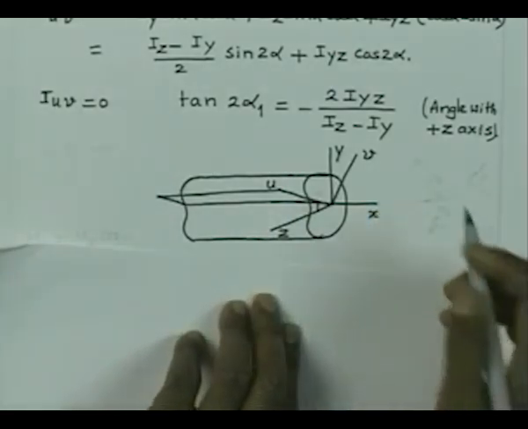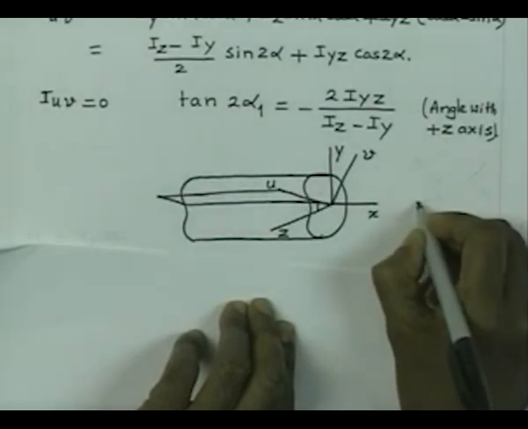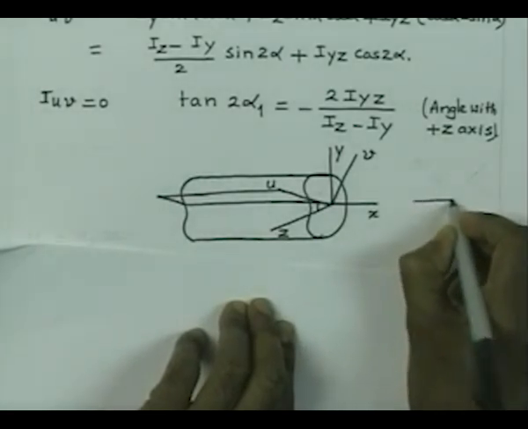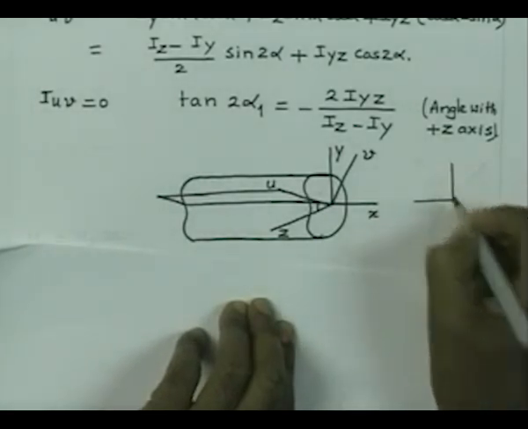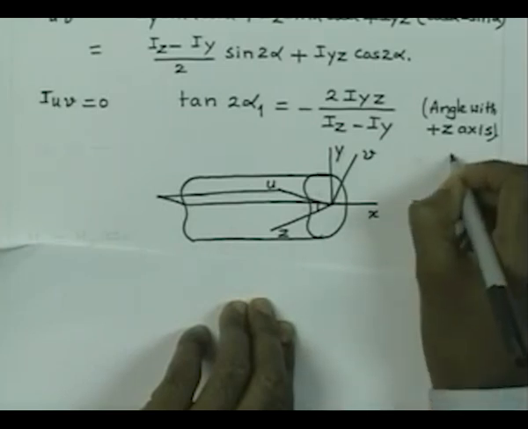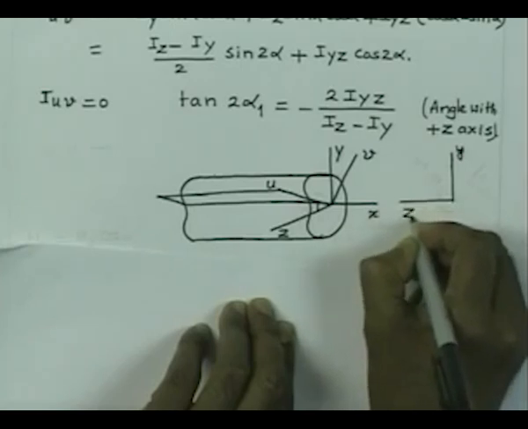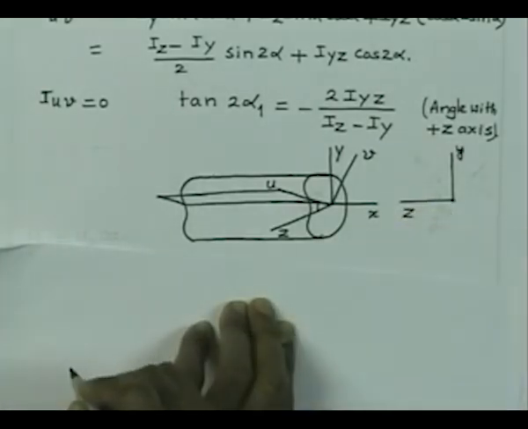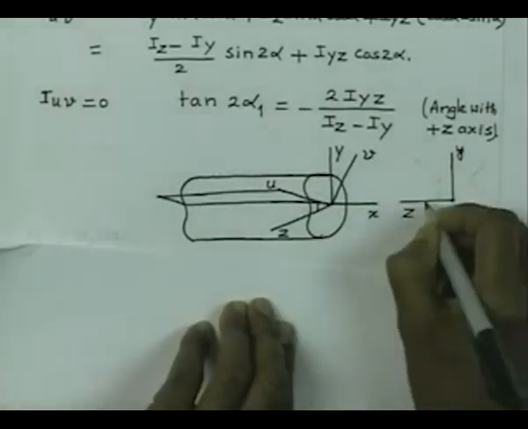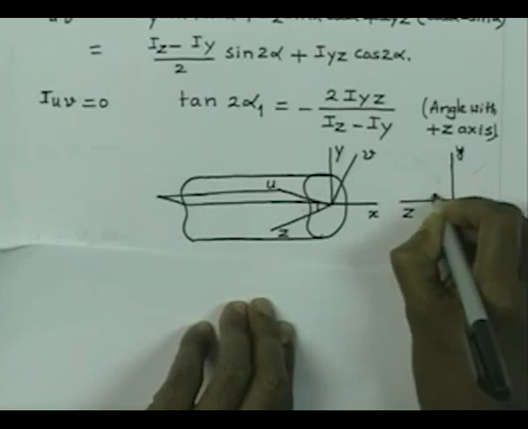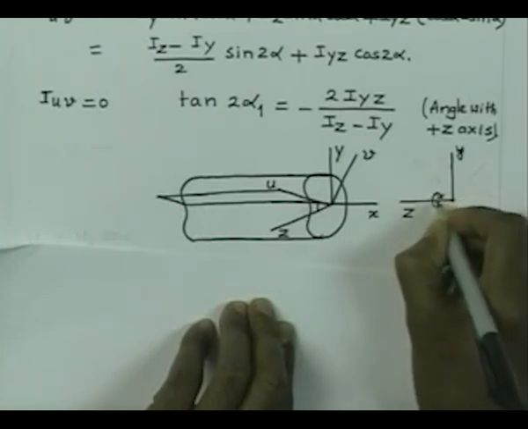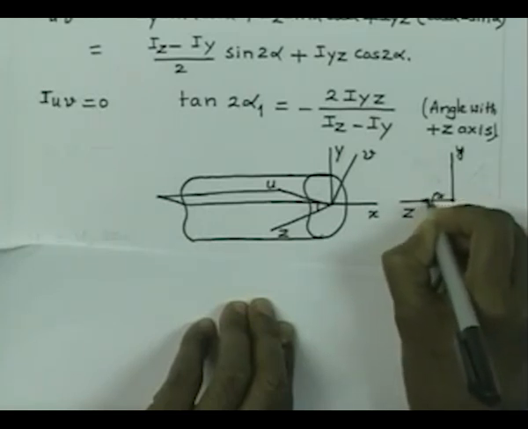Now, in general you are going to have a bending acting on the cross section. Let us say this is the y direction, this is my z direction, and this is the CG of the cross section. You will most often be given a bending moment about the z axis.